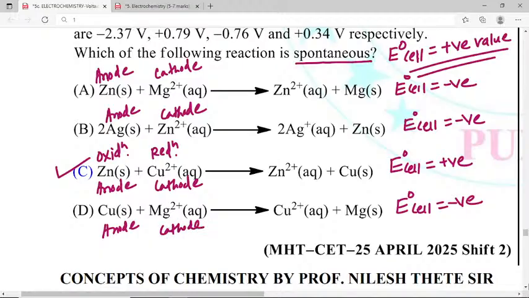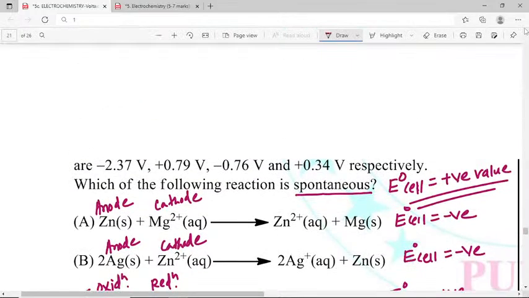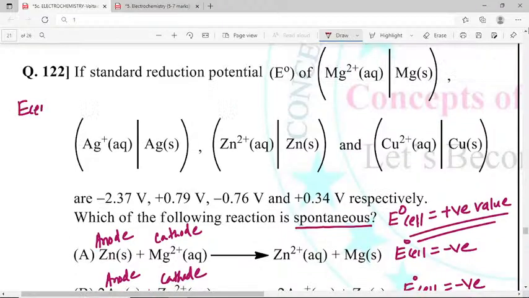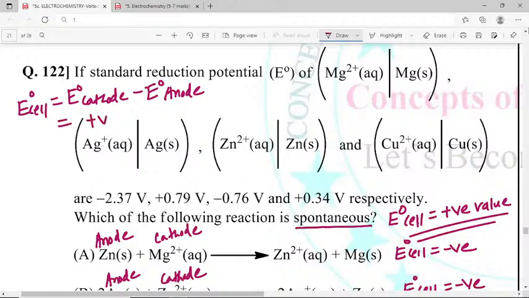So how to calculate the E naught cell value? E naught cell is calculated by using the formula E naught cell is equal to E naught cathode minus E naught anode, and it should be positive for spontaneous reaction.